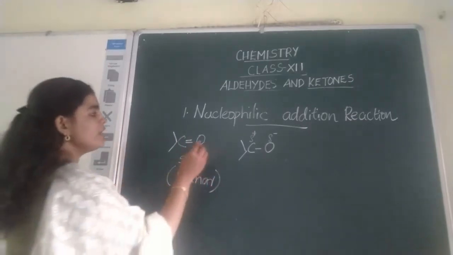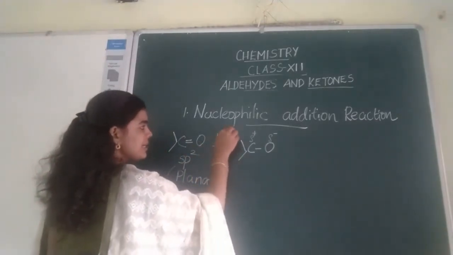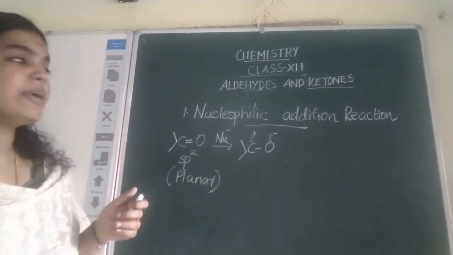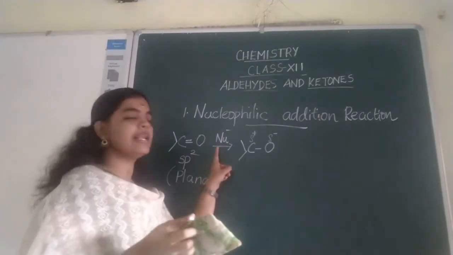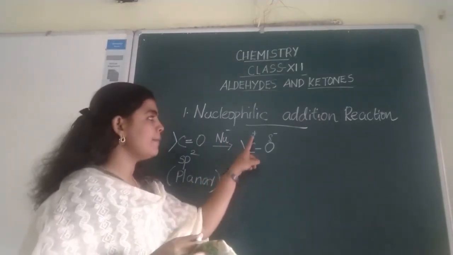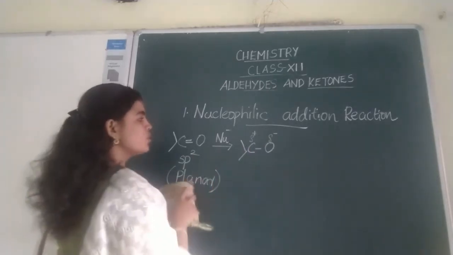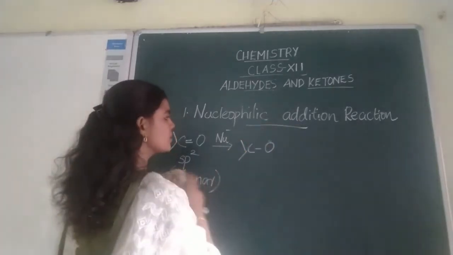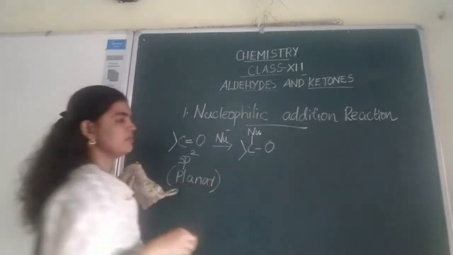So when a nucleophile approaches, we can represent it like this, what will happen? The nucleophile, which is rich in electrons, will come and attack at the positively charged or electrophilic carbon atom. So we can write the nucleophile will come and attack here.